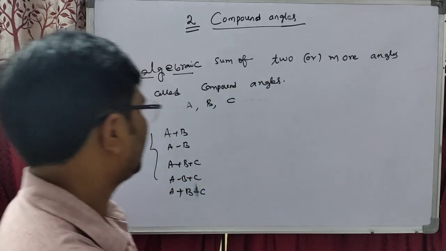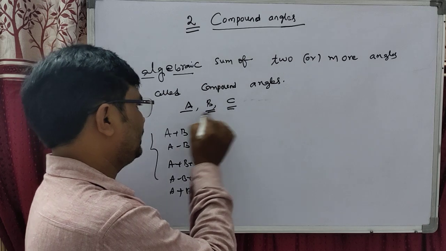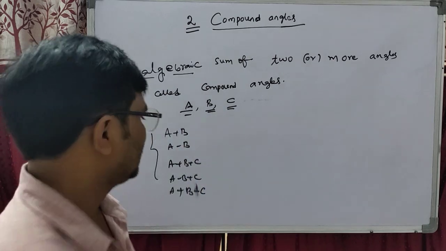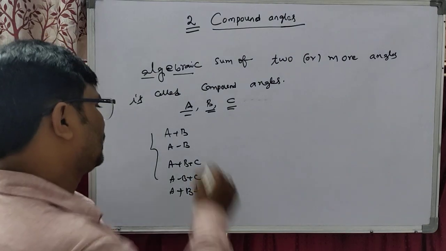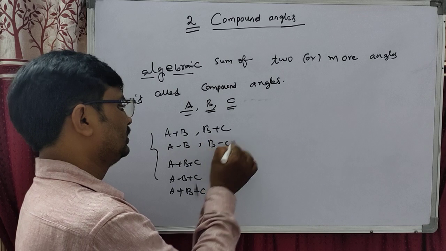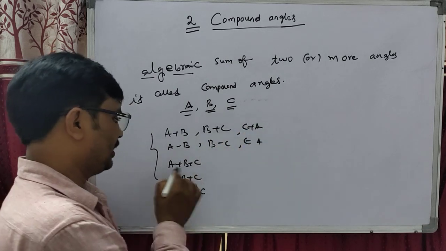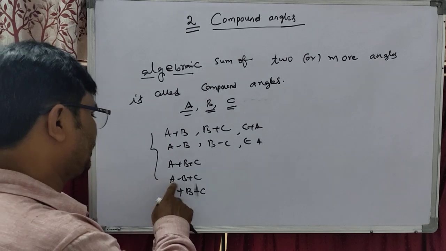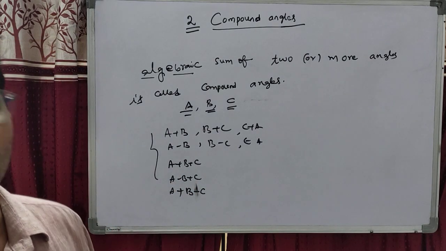If capital A, capital B, capital C are three angles, then A plus B, A minus B, B plus C and B minus C, and C plus A and C minus A, or A plus B plus C, A minus B plus C, A plus B minus C, these are all called compound angles.